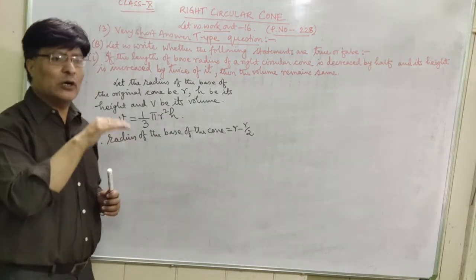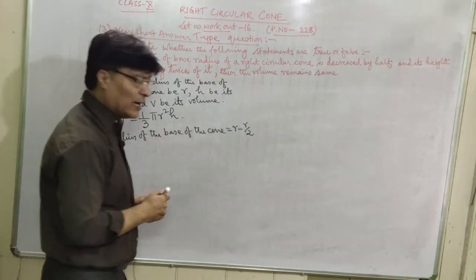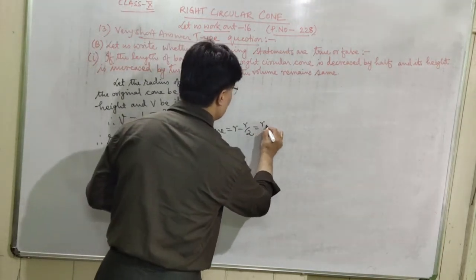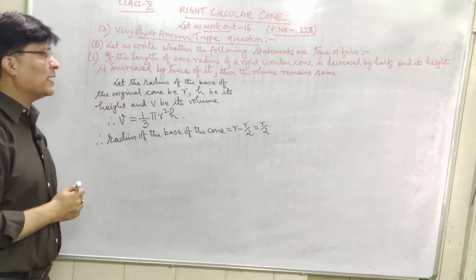Decreased by half means original radius minus half of the original radius. That is, r minus r by 2, which is r upon 2. And its height is increased by twice of it.